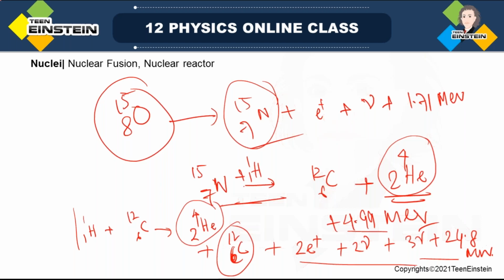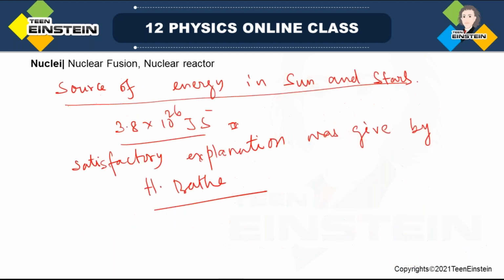So this is how the carbon-nitrogen cycle and the proton-proton cycle are responsible for the sun and the stars having this much energy, and they are continuously radiating for several billions of years.